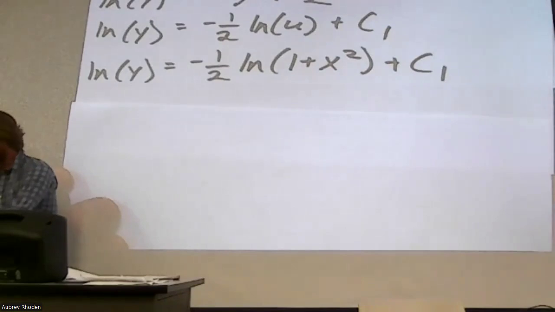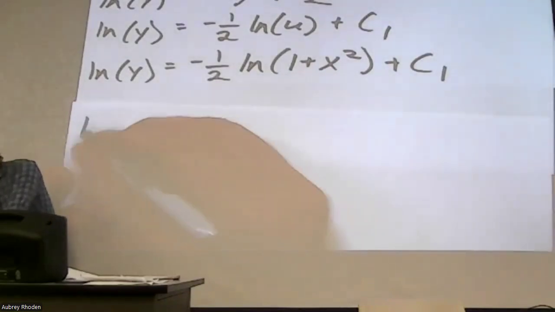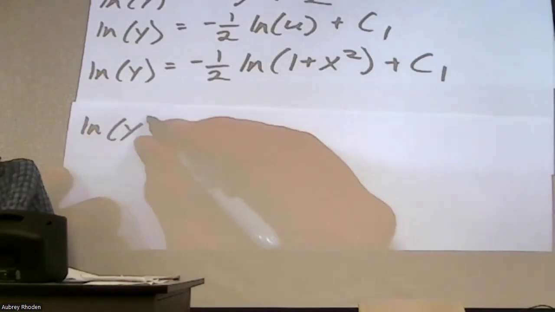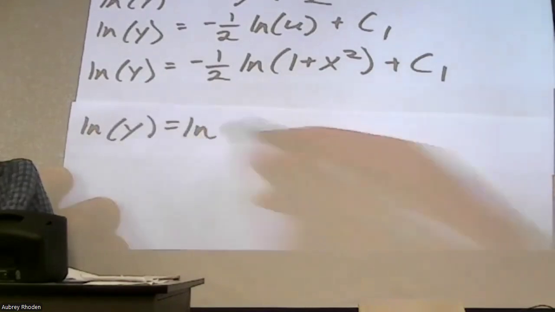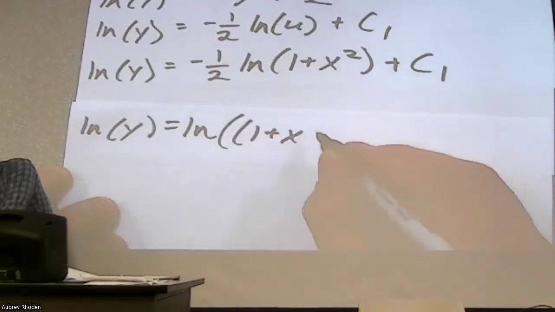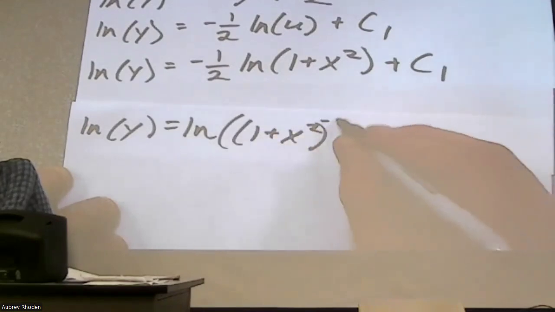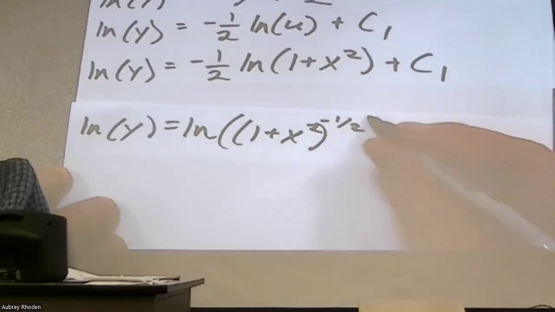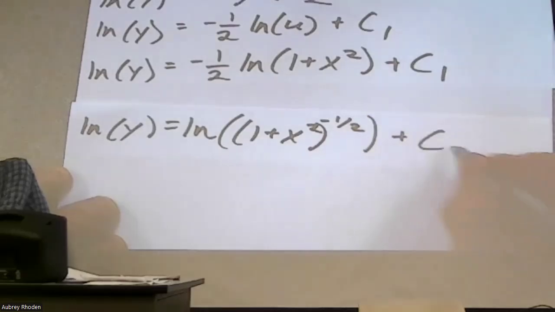So from there, you'd say the natural log of y will equal the natural log of 1 plus x squared to the negative 1 divided by 2 power, plus c1.